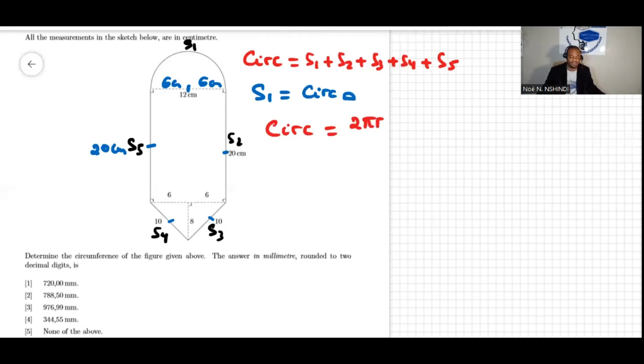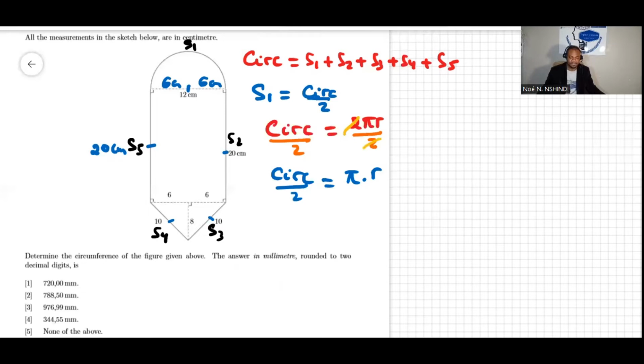Of the semicircle, it means we're going to divide by 2. So the circumference of the semicircle will be just equal to pi times r, because the 2 and 2 there will be simplified.